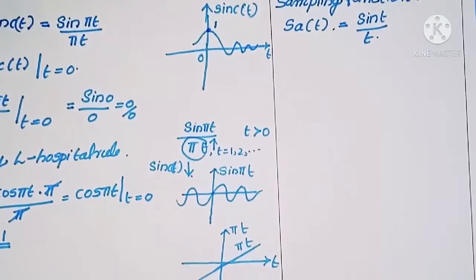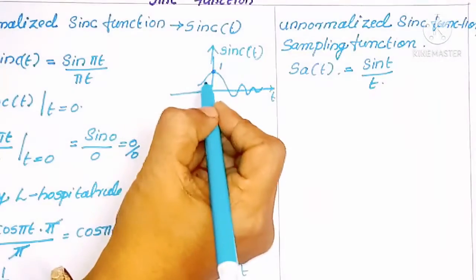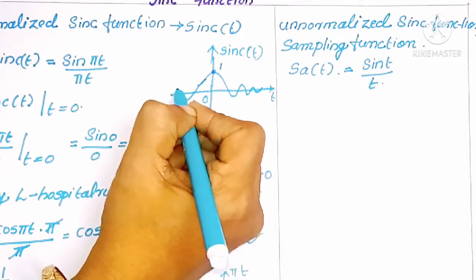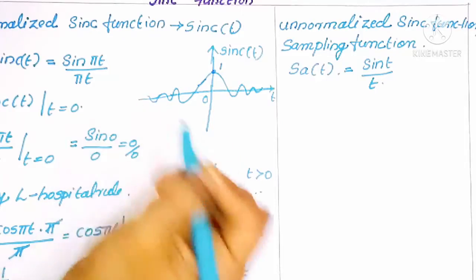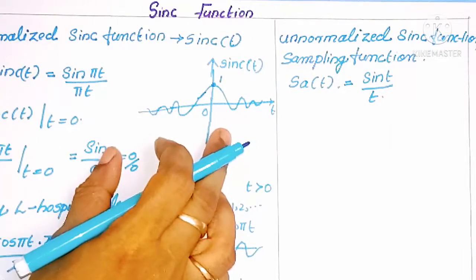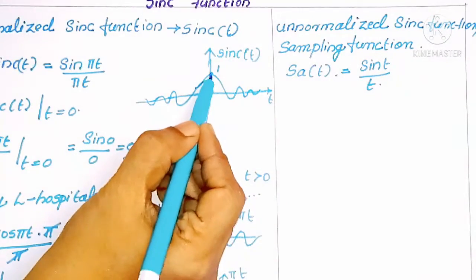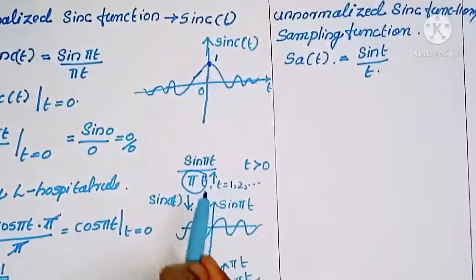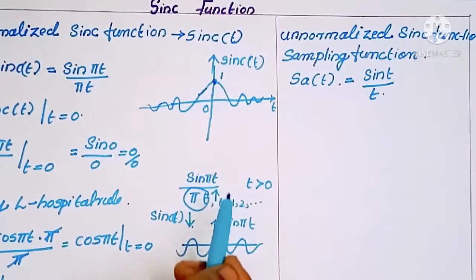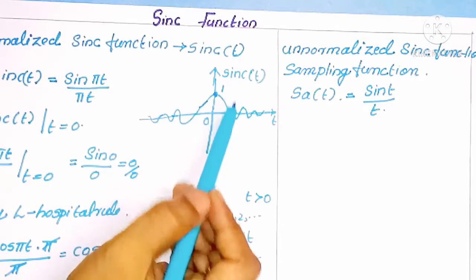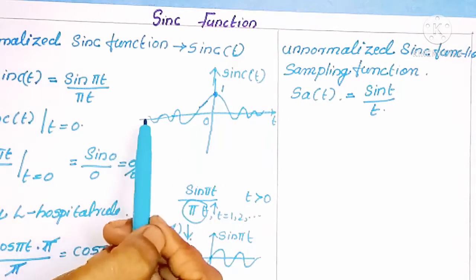If you consider t less than 0, it is negatively increasing, so you will get a negatively decreasing graph. So this is your sinc of t graph. Here at t equal to 0, the amplitude becomes 1. When t is greater than 0, the pi t value increases, so the amplitude of the sinc function decreases positively and negatively.